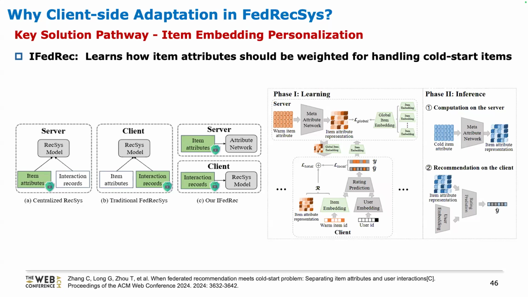Here, the Federated approach handles cold start items explicitly by separating the learning of item attribute representations from the modeling of user interactions, which would be personalized. The evolution in item personalization clearly shows a trend away from monolithic global embeddings towards more structured approaches.